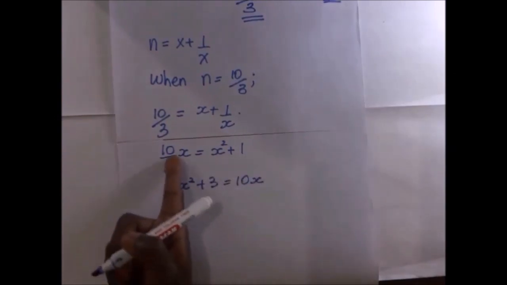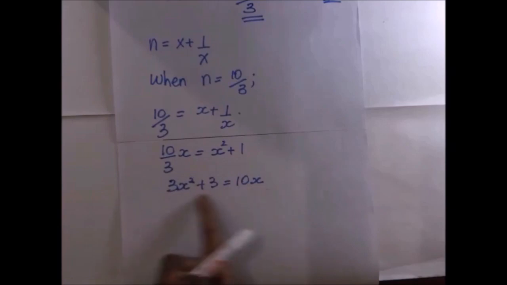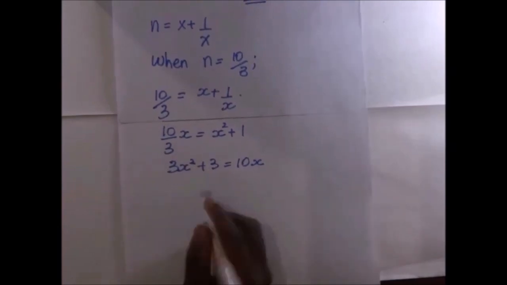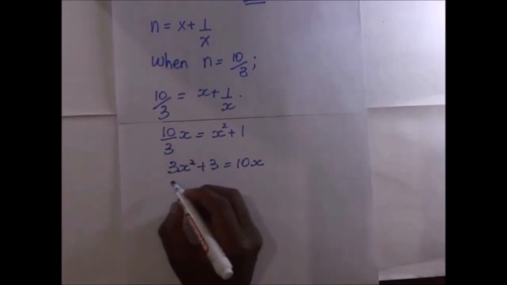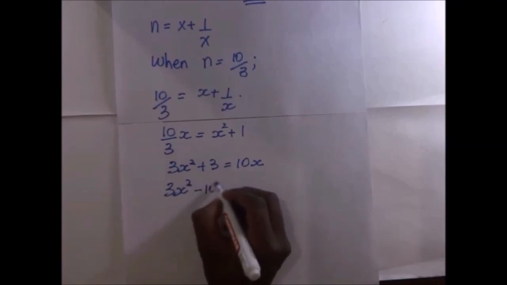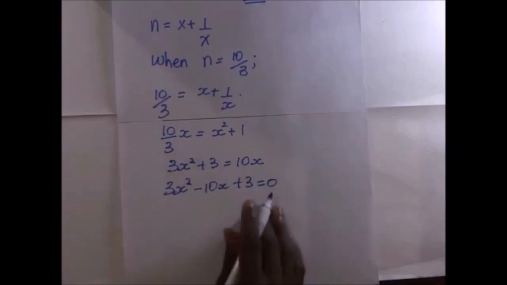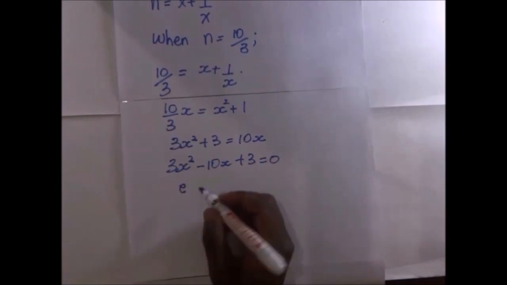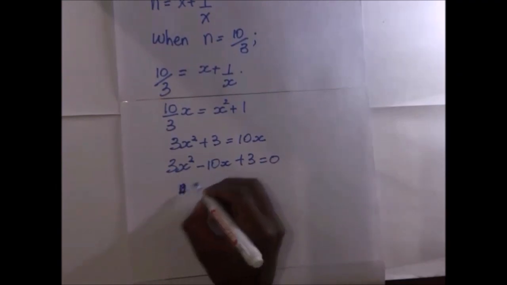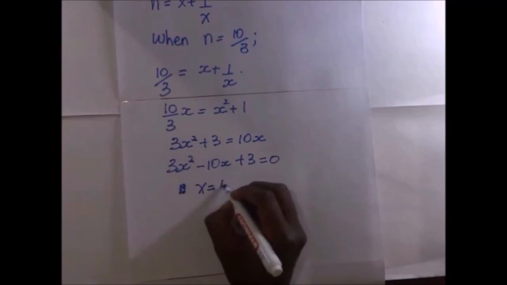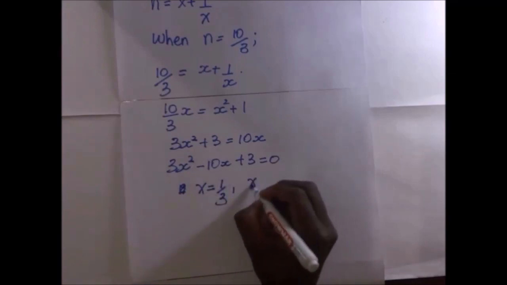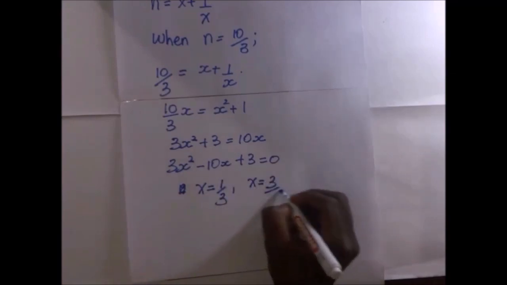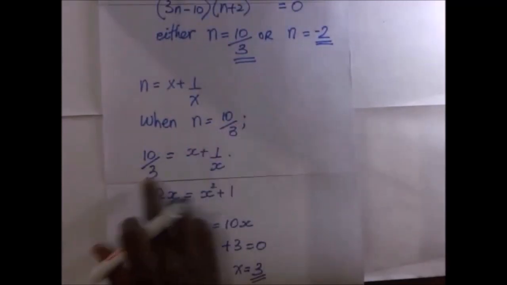We multiply 3 throughout, and we make it a flat equation and reorganize it. We end up with a quadratic equation here. Solving this quadratic equation is going to give us x. X will either be a third, or x is going to give us 3. That is when the value of n is 10 over 3.